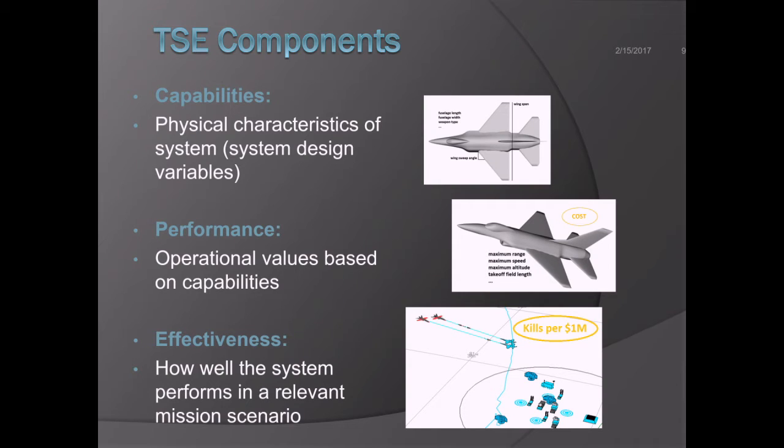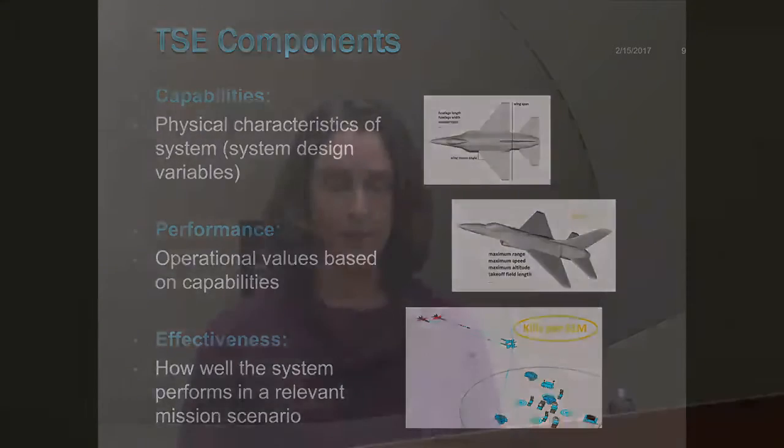But when we place that aircraft into a particular mission scenario, we may find out that we don't get the results that we wanted. So effectiveness measures tell us how well a particular design will perform in a scenario that's very similar to the one that we're looking at putting it into. And effectiveness measures typically come out of things like modeling and simulation software.